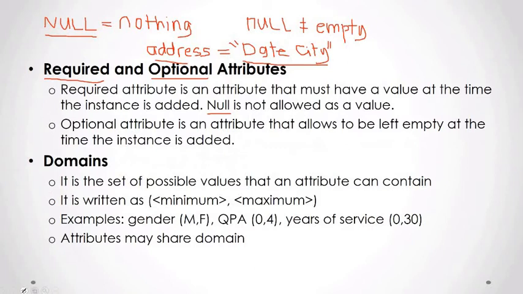Now, what would be the value of the attribute address if we are going to delete this? Okay, probably you might say the value is null. Now, actually, the value of address right now, since we have deleted it, is an empty string.